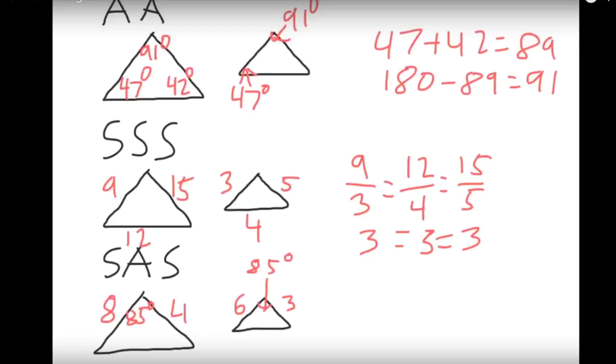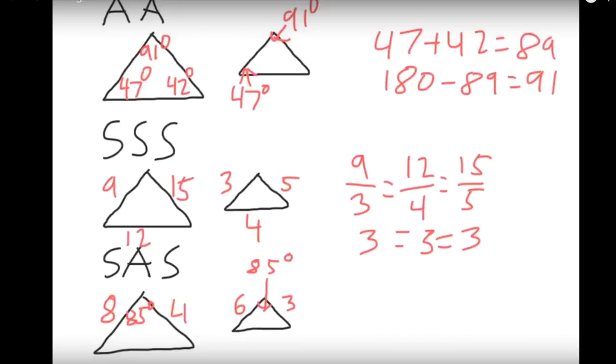Alright, now with these two triangles, we have 8 and 4 with 85 in between them, and 6 and 3 with 85 in between them. So, with side, angle, side, remember the congruent angles have to be between the two sides. So 85 is between 8 and 4, 85 is between 6 and 3. So we need to make sure that these are indeed proportional.